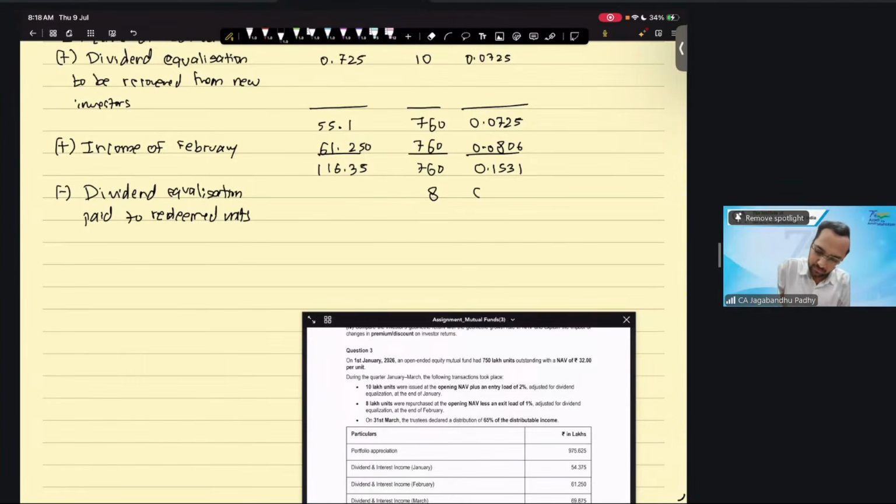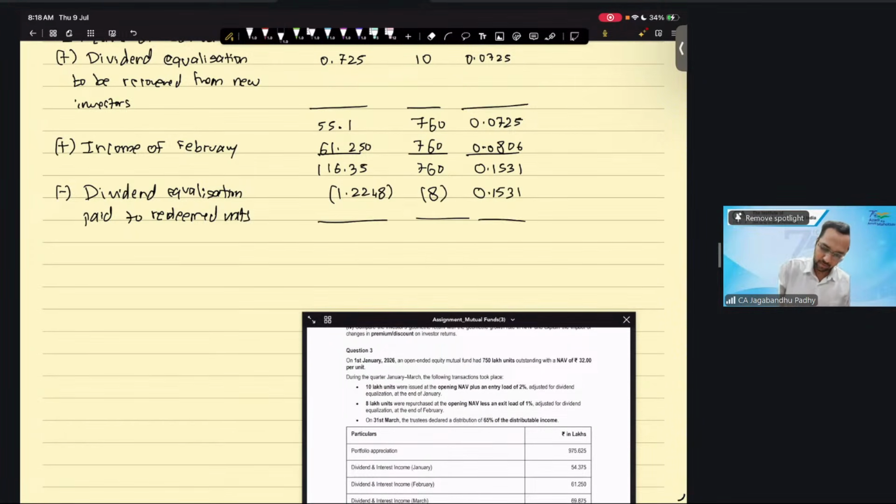Of course, the same 0.1531 which was accumulated. The total payment that we'll have is 8 into 0.1531, which is 1.2248. And this is what we are going to pay.